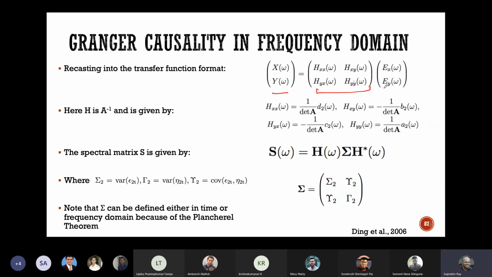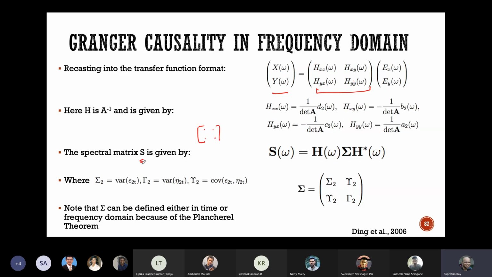Now comes the only involved part here, which is the computation of the spectral matrix S, which is nothing but the auto spectra along the diagonals and the cross spectra here.